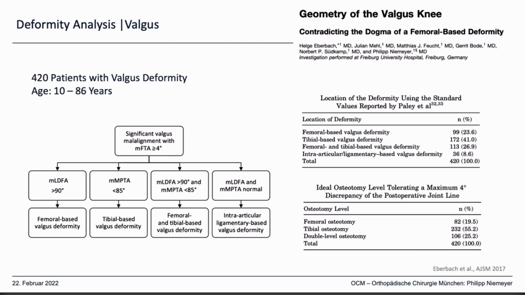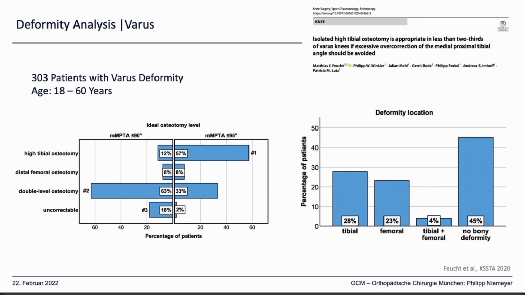And interestingly, many of these valgus deformities, especially the severe valgus deformities, are actually combined located on the femur and on the tibia. And a pretty much similar study has been performed by Matthias Feucht from Stuttgart, who analyzed more than 300 varus deformities and more or less came up with an identical result, in that there's a significant proportion of varus patients not suffering from a tibial varus.